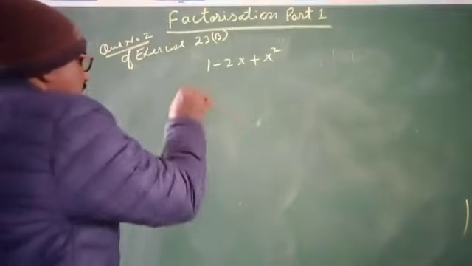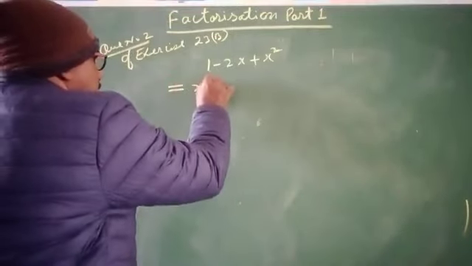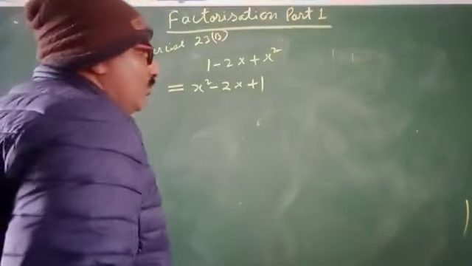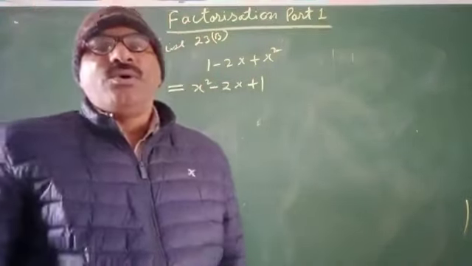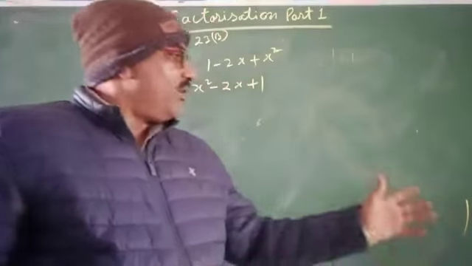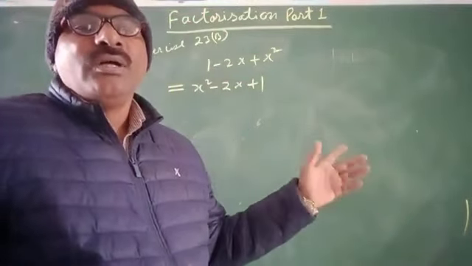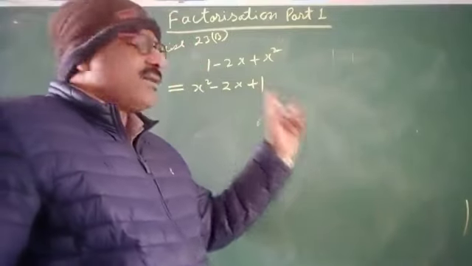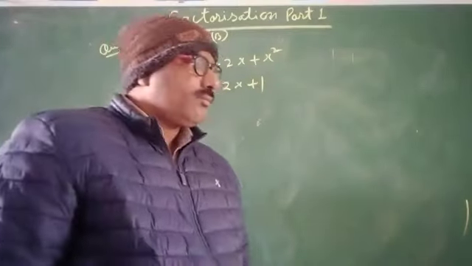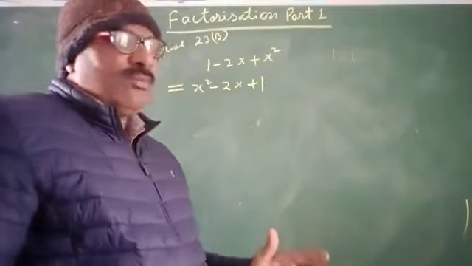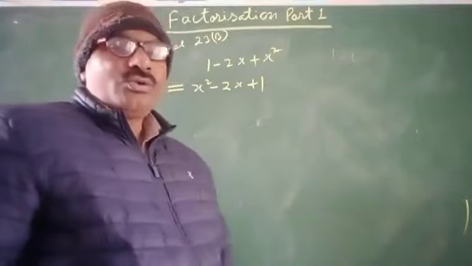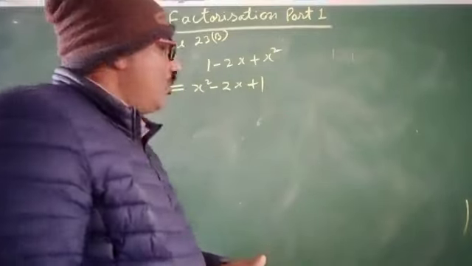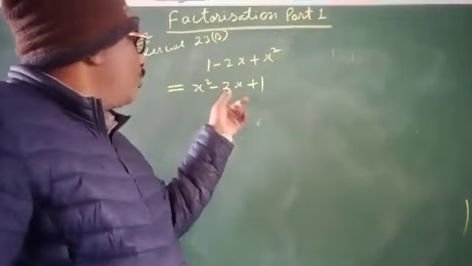So first of all I will write x square minus 2x plus 1. So dear student, as I have already told you, I will find out factors of 1 in such a way that when you multiply those two factors you get 1, and when you add those two factors you get 2.